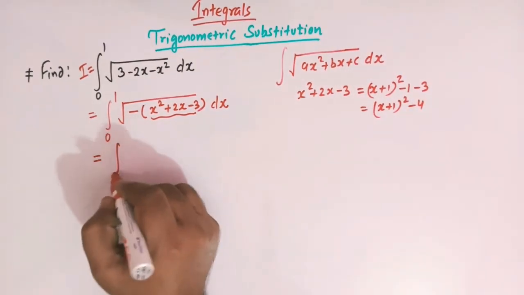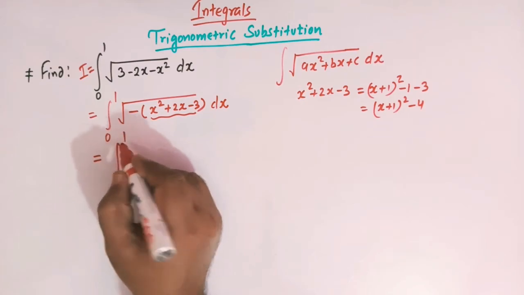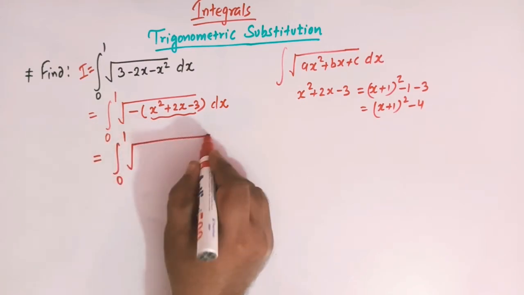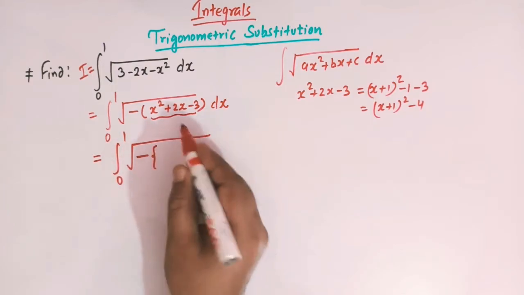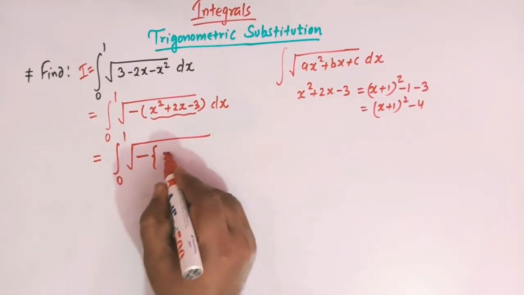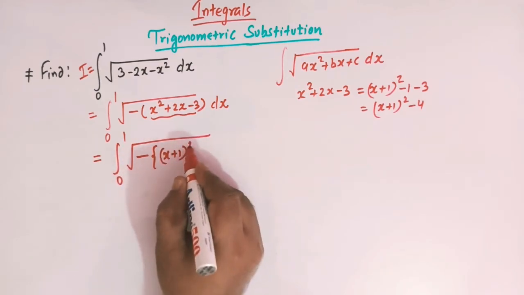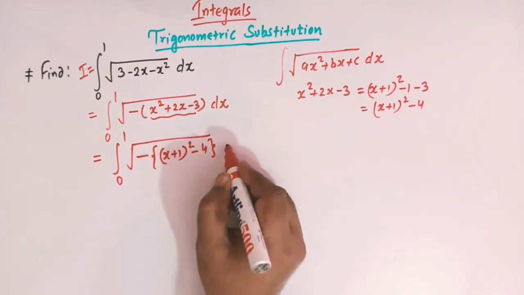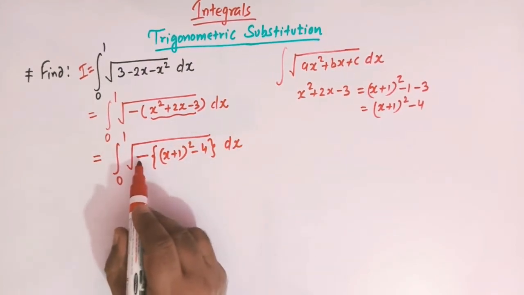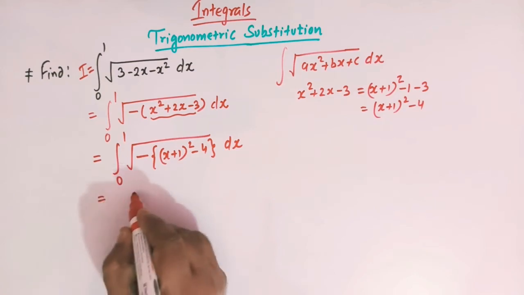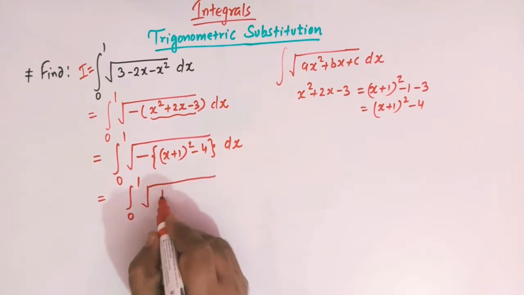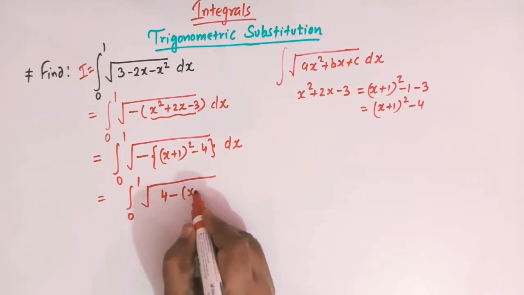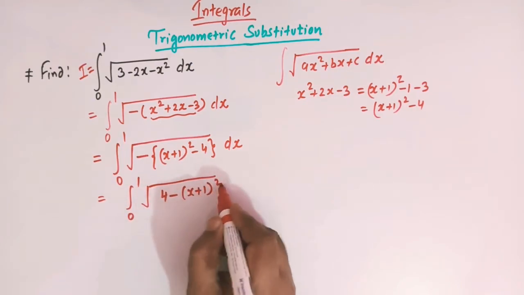So now we can write this integral as 0 to 1 square root of, here we have the negative sign, and then we have x plus 1 whole square minus 4, right? Okay, now we can multiply these two terms by this negative sign. So we are left with 0 to 1 square root of 4 minus x plus 1 whole square, right?